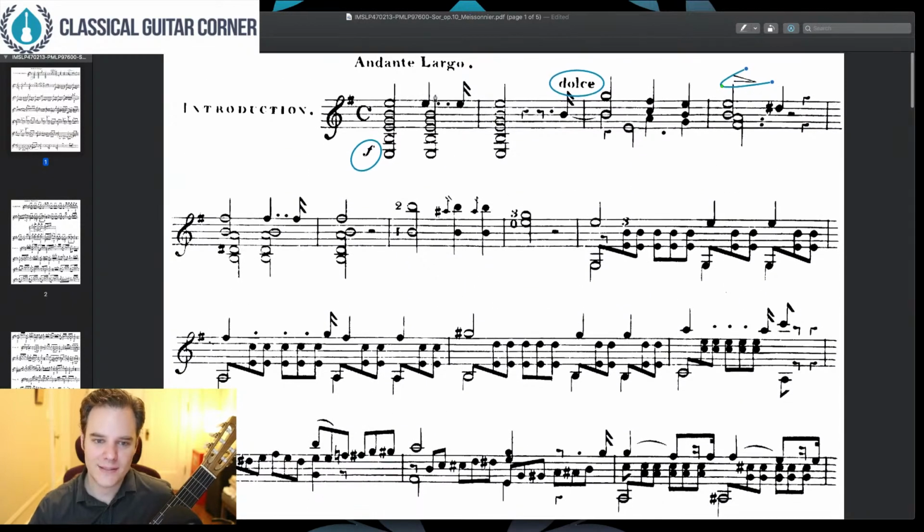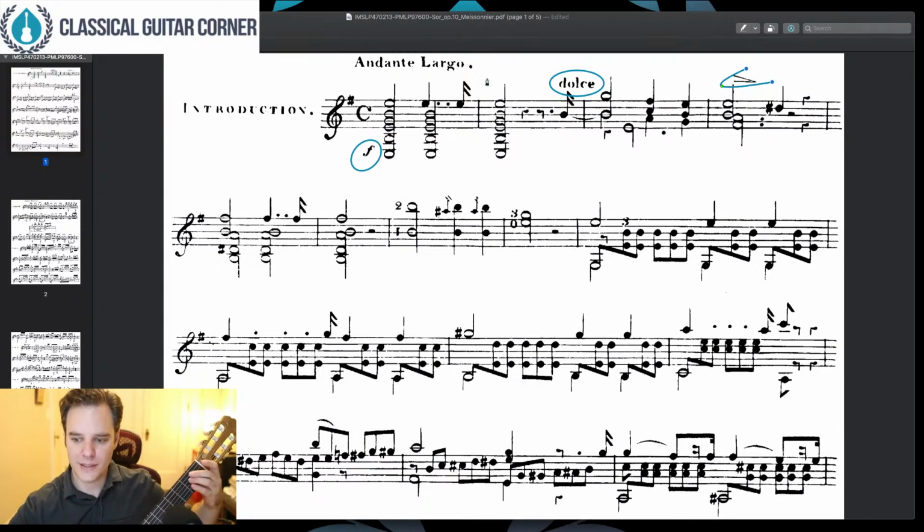So, okay, let's look at this. Great, that makes sense. Forte, then sweetly. Decrescendo. Suspension to resolution. All makes sense. Then what? No markings.